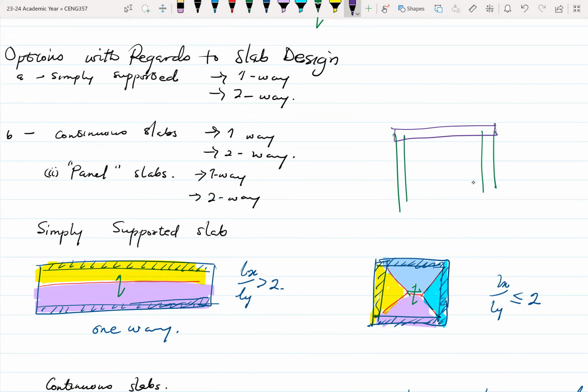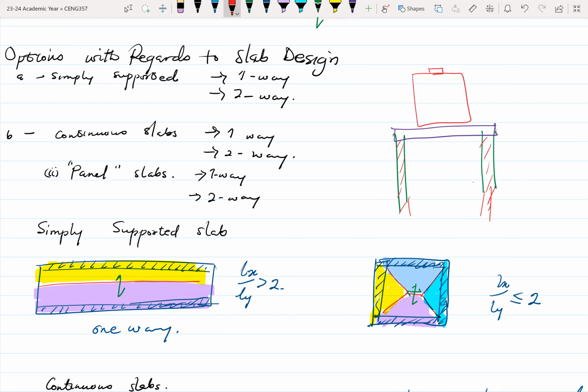A typical example would be the overhead concrete water tank support, right? So you have your poly tank sitting right on it. And some might have beams, but some could just have two walls right there.